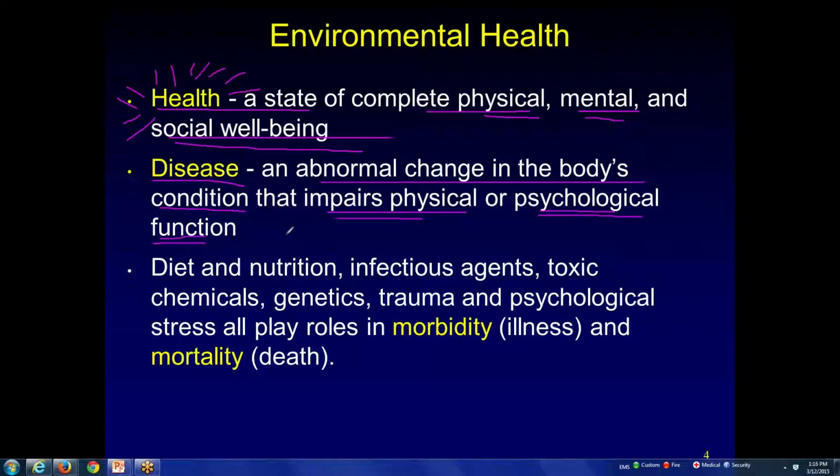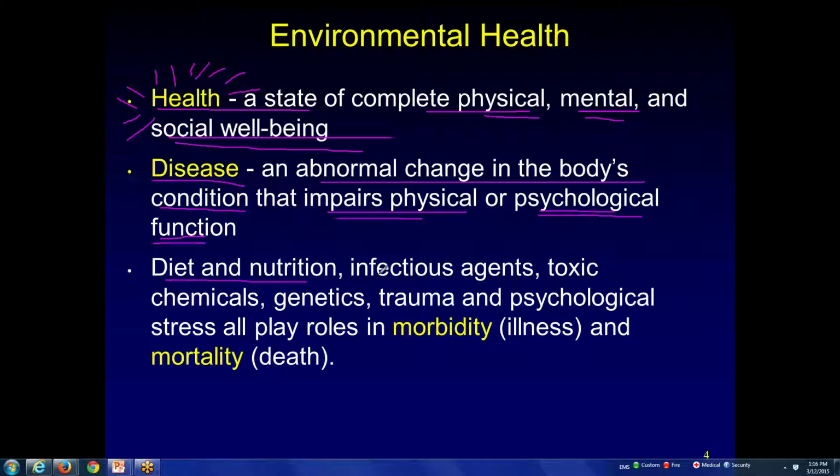There could be something like attention deficit disorder or obsessive compulsive disorder. There are a host of psychological disorders, right? There's bipolar. Depression can be a type of psychological function problem. So we see disease as more than just physical, and disease, of course, keeps us away from perfect health.